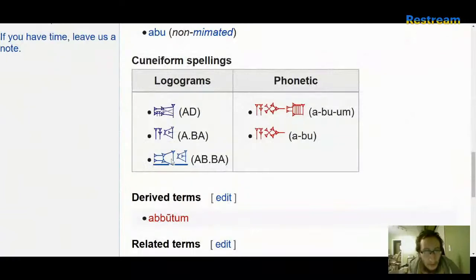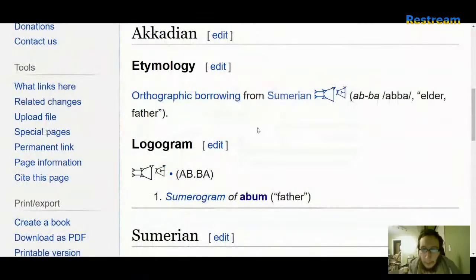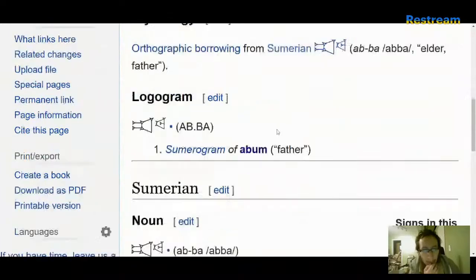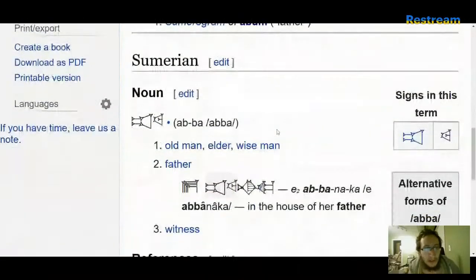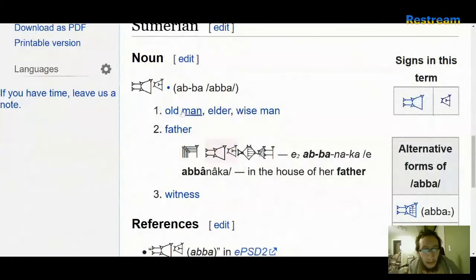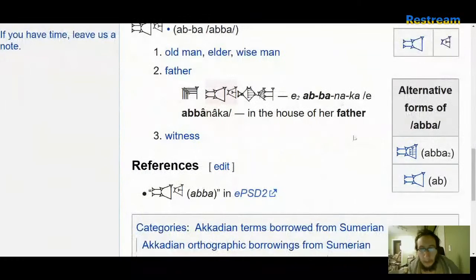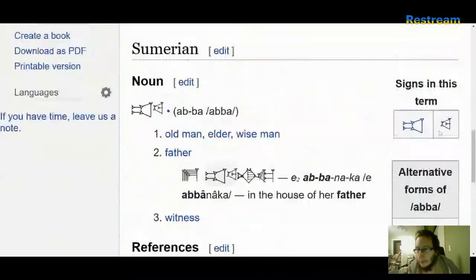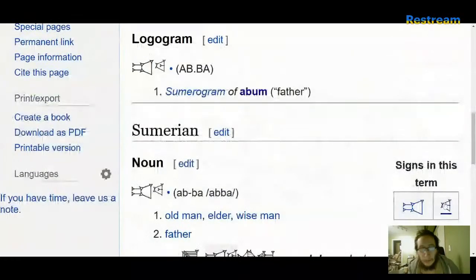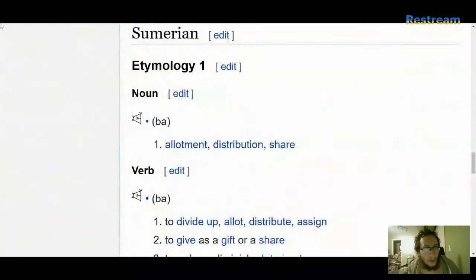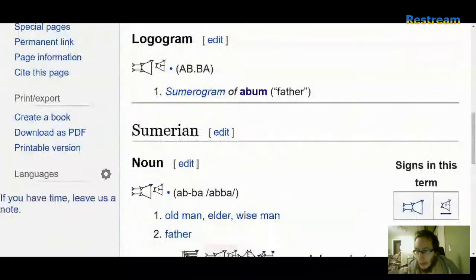And this way of spelling it, the Sumerian, it means old man or wise man. So it has the same word, spreader or allotment, and then it has this first word here.